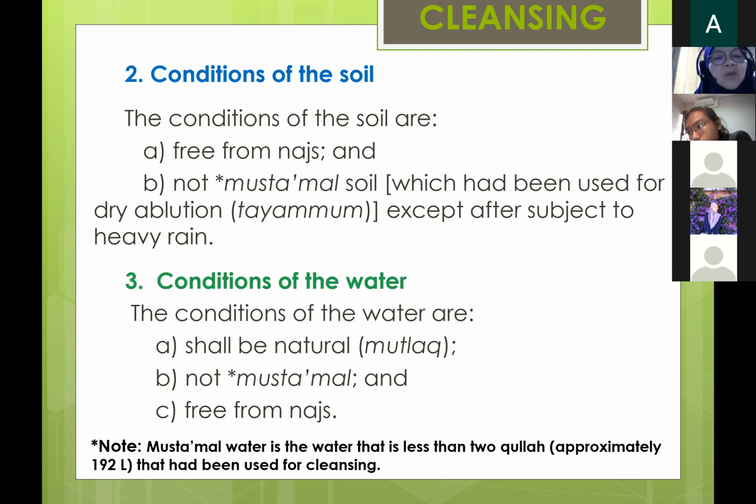But you cannot use this water to clean other najis, in this case to clean mughallazah najis, or even to clean mutawassitah najis, or to clean mukhaffafah najis. You cannot use musta'mal water. You must use clean, mutlak water.